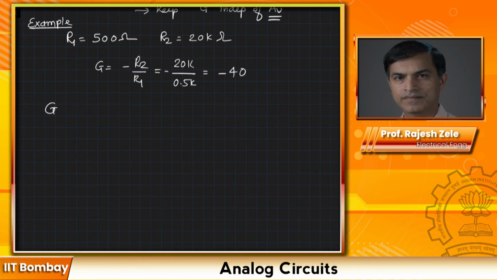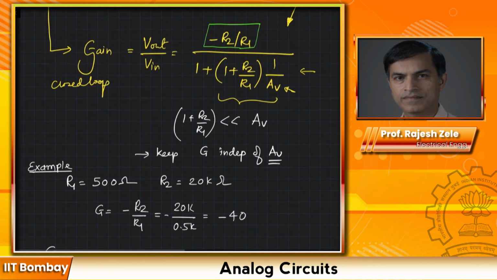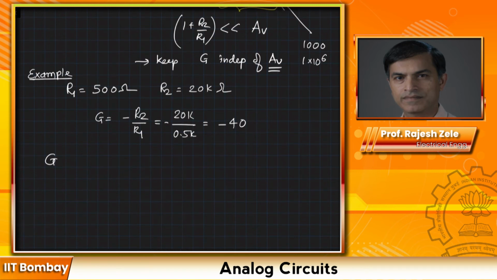If we substitute the value Av here equal to, let's say, 1000. We'll try two numbers, 1000 and also we'll try 1 million, 10 to the power 6. Okay, and then we will see what happens to the value of the gain. So the gain G is equal to R2 divided by R1, I'm going to do the mod of gain, divided by 1 plus (1 + R2/R1) over Av.